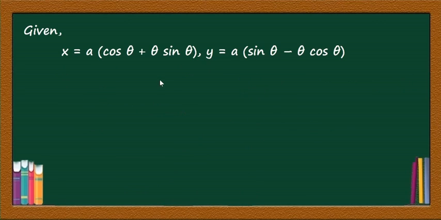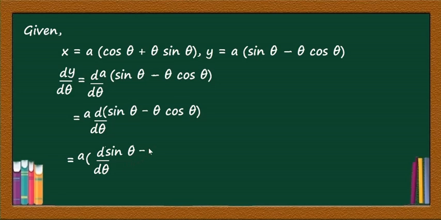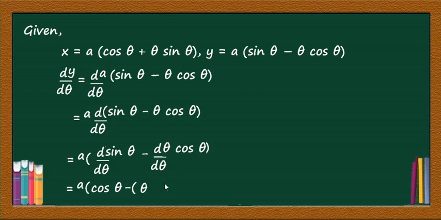Similarly, we can find dy by d theta. Dy by d theta is equal to d by d theta of a into sin theta minus theta cos theta. A is constant, so a into d by d theta of sin theta minus d by d theta of theta cos theta. That is a into cos theta minus, here you have to apply the product rule, theta into d by d theta of cos theta plus cos theta into d by d theta of theta.